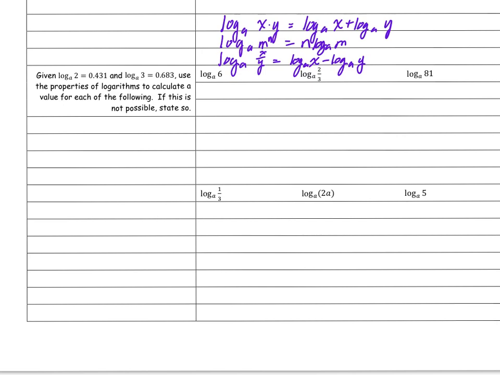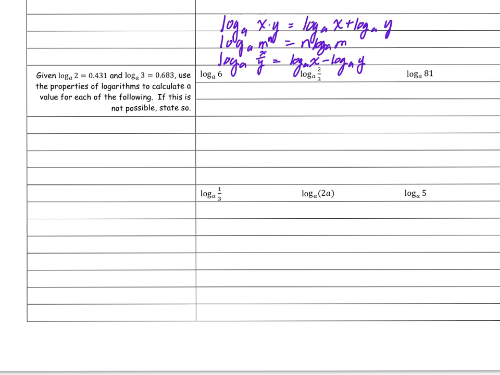So it says, given that log base a of 2 equals 0.431 and log base a of 3 equals 0.683, use the properties of logarithms to calculate a value for each of the following, if it is possible. If it's not possible, state so. So here we go. So what have they given me?